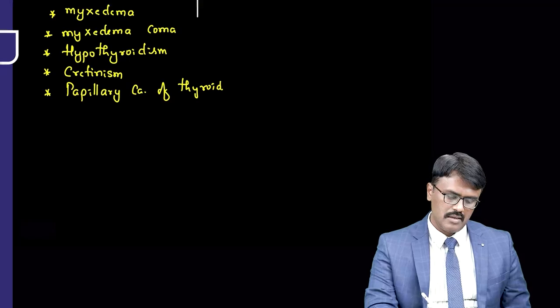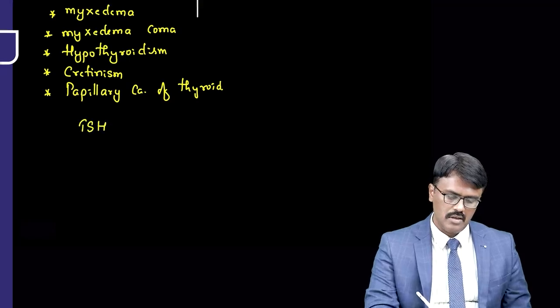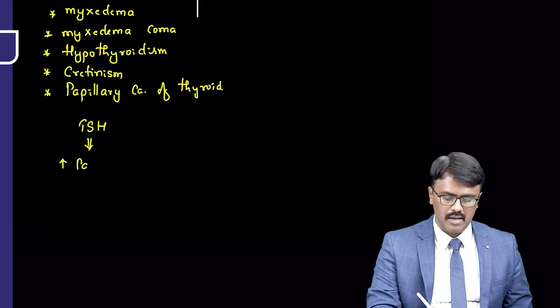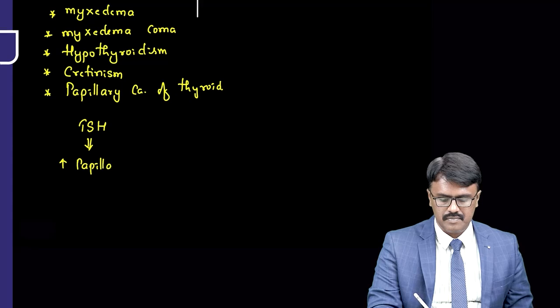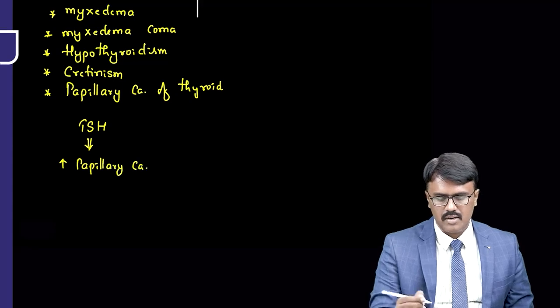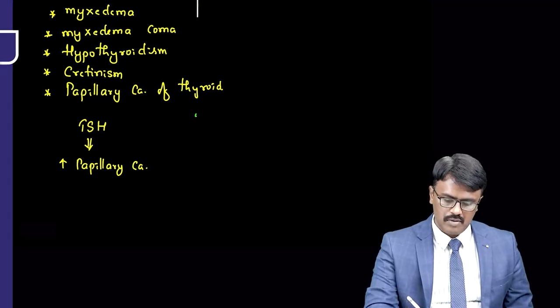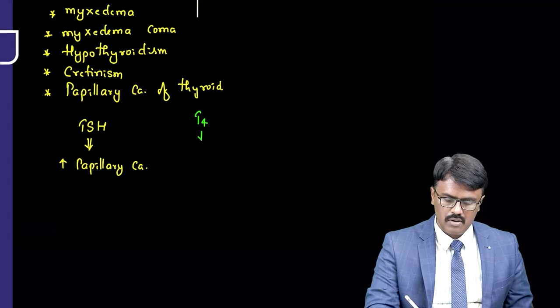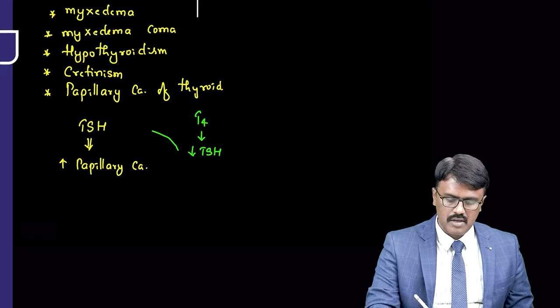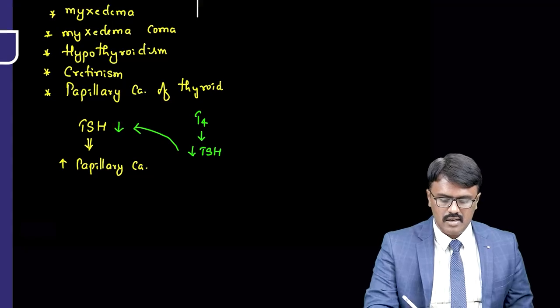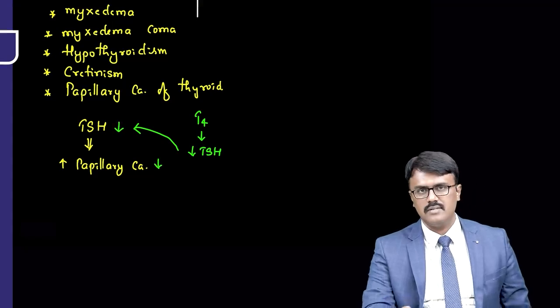Now please understand, TSH is the stimulant for increasing the papillary carcinoma of thyroid. So papillary carcinoma of thyroid depends on TSH. Now when we give T4, you know that T4 will decrease the activity of TSH. When the TSH decreases, the cancer decreases.